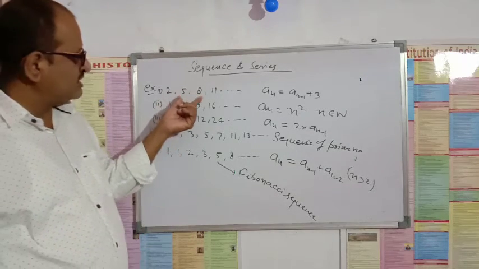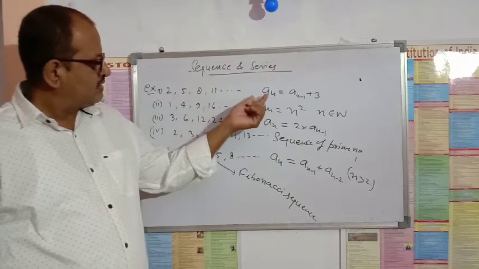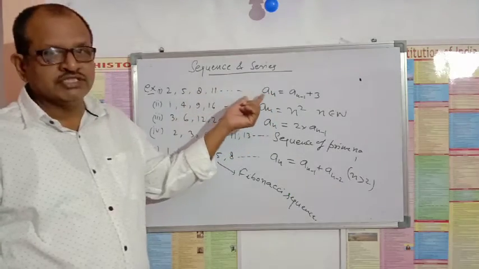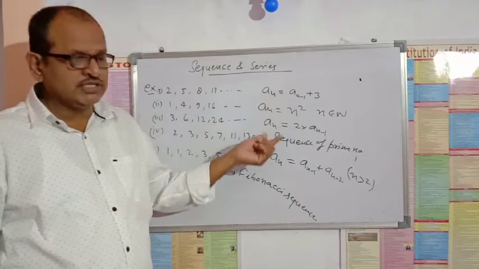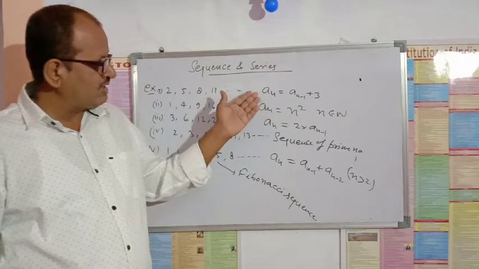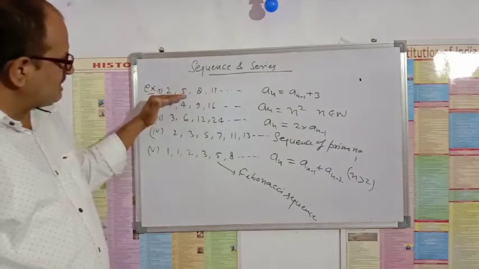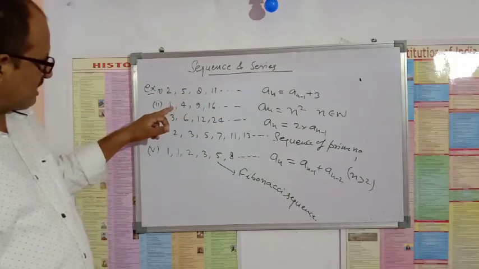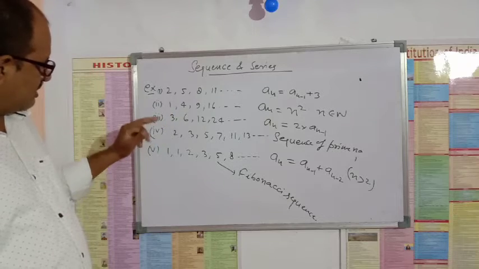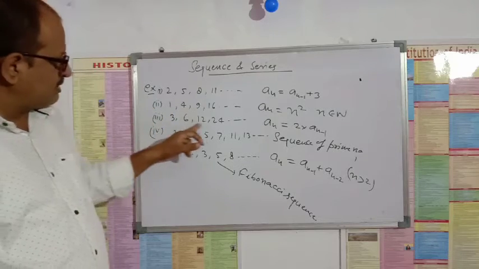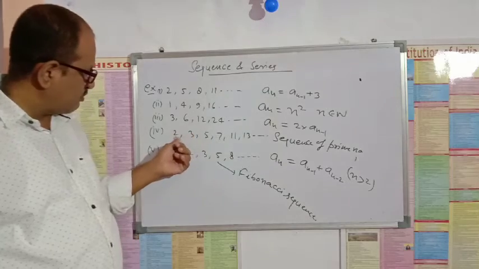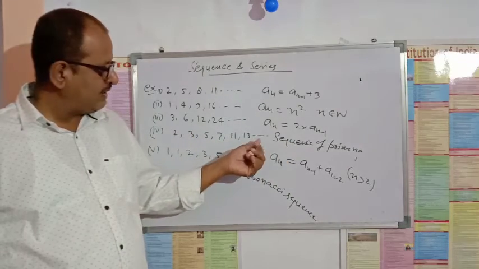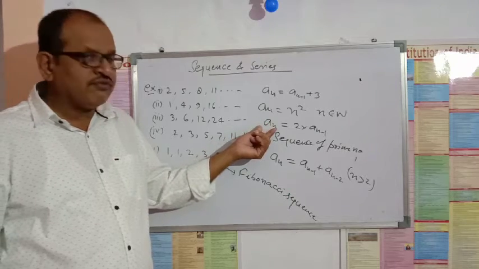If we express the general term of the sequence by a formula, meaning we are able to write the nth term of the sequence, then that sequence is called a progression. So the first one, second one, third one are called progressions. But 2, 3, 5, 7, 11, the sequence of prime numbers, we cannot write any formula for the general term.